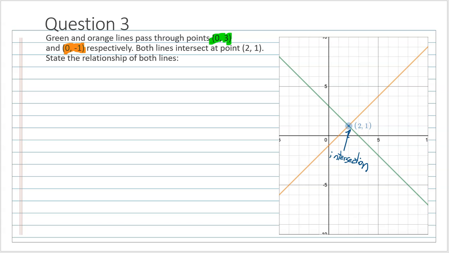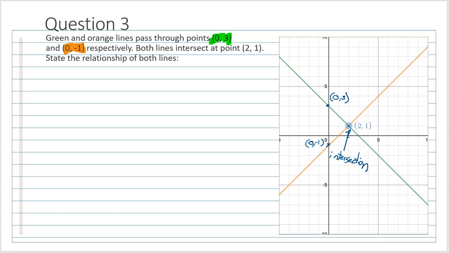So 0, 3 on the green line. Where is that? Well, it is here. 0 and 3. And 0 and negative 1, where is that? That is over here. So, in fact, the points we're given are the y-intercepts and the intersection points. So, 0 and negative 1.